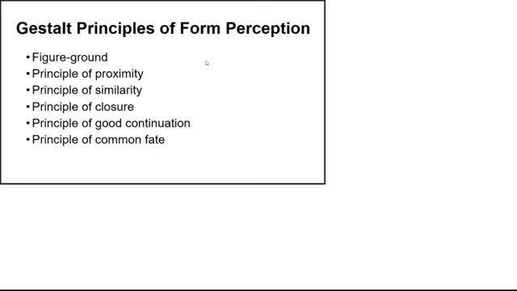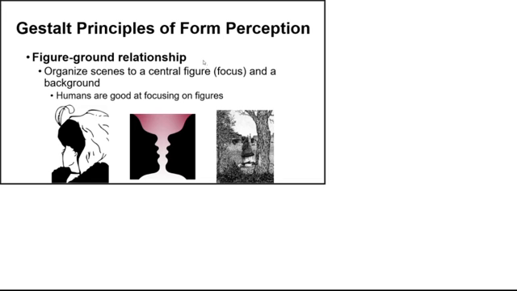For the first of these, it has its own slide, and this is our figure-ground relationship. This is referring to the fact that people are really, really good at deciding what is the central focus of a situation, of an image, of an environment, and what is irrelevant background stimulus.